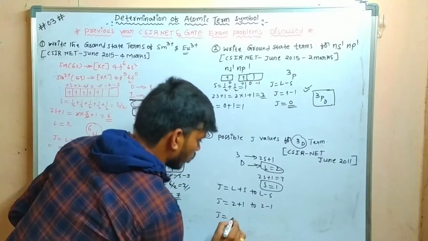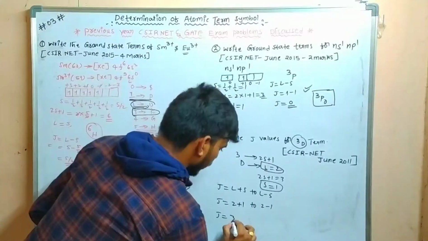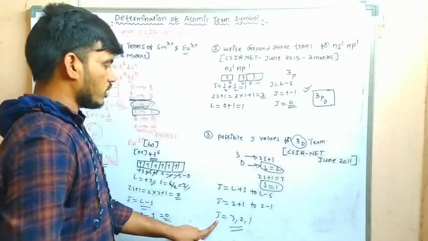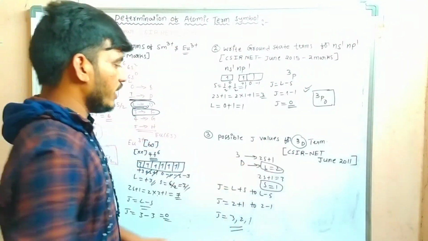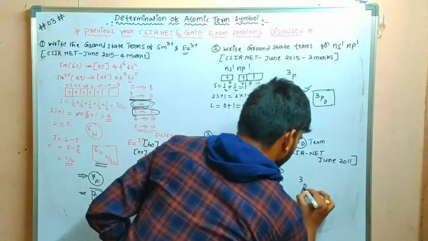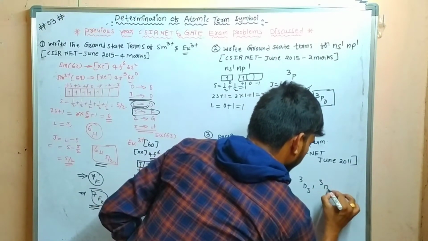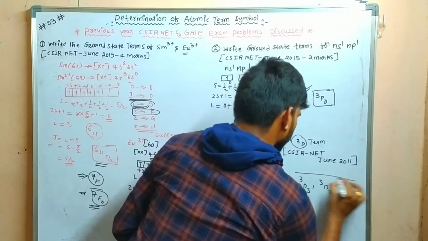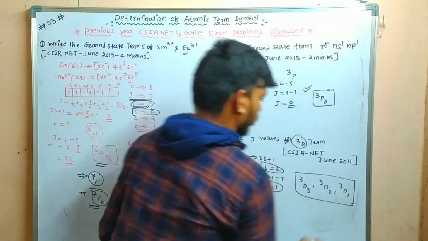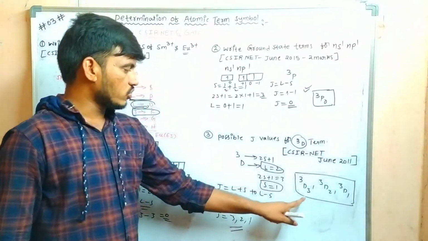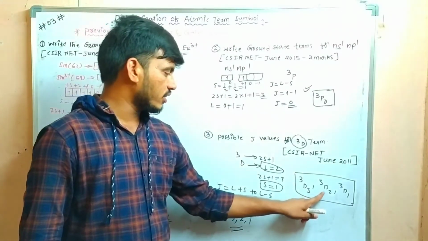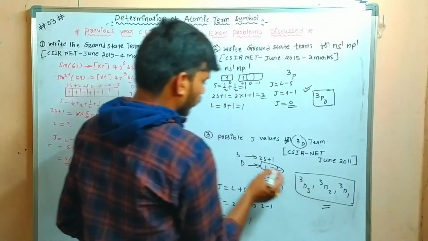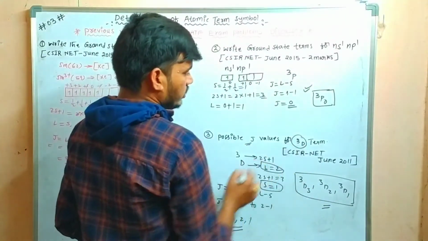So J is equal to 3, 2 and 1. So the possible J values for the 3D term are 3D3, 3D2 and 3D1. This is very important in competitive exams. So these three terms are the possible J values for the 3D term.